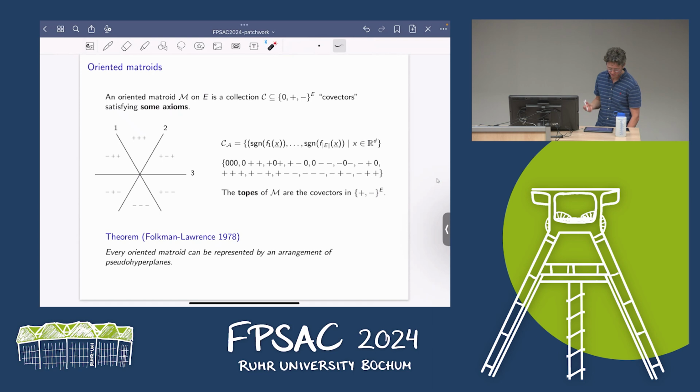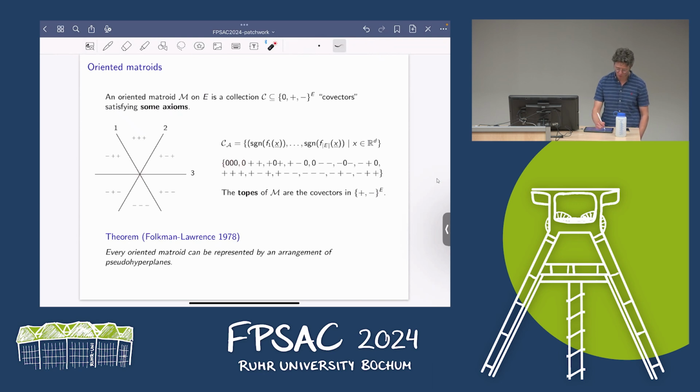So, sign being plus if it's positive, minus if it's a negative number, and 0 if the function evaluates to 0 at that point. So, for example, x at the origin, of course, all of those linear forms vanish, so we get the vector 0, 0, 0, okay?